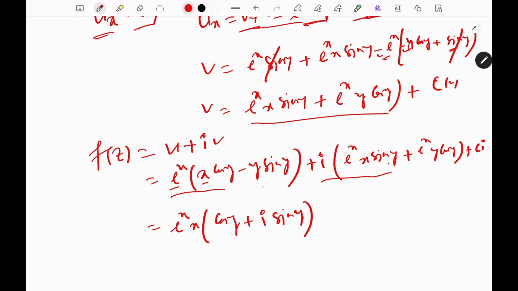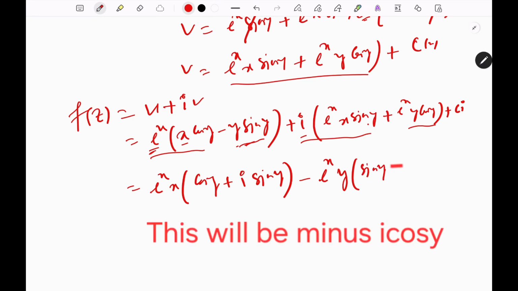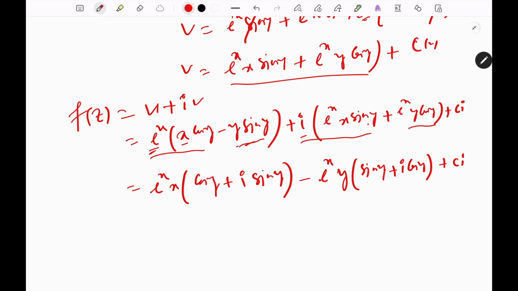Again from these two terms I can take common e to the power x and y, minus e to the power x and y common, so this will be sin y plus i cos y, plus c i.